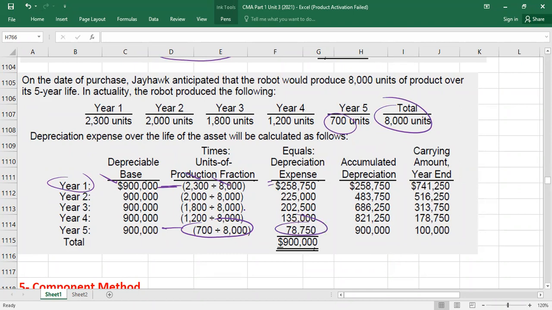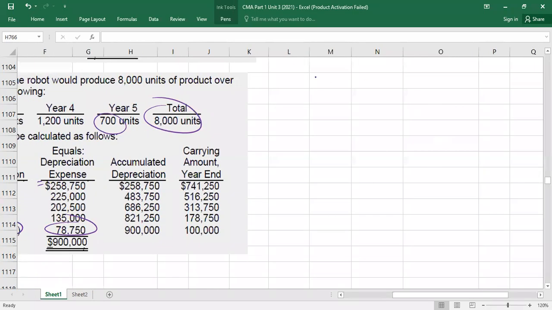Understood? Clear? I don't think there is any rocket science. It's very simple. Just take depreciable base, multiply by actual output divided by total output. This will give you the depreciation expense. Because what is the formula?